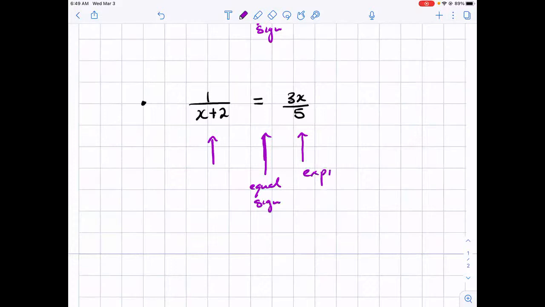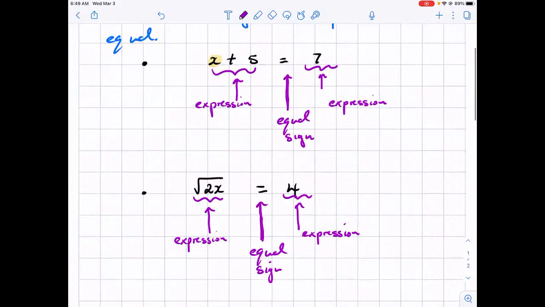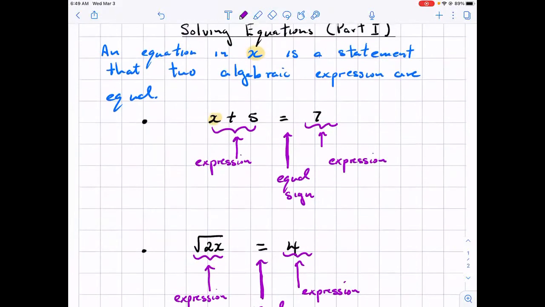So these are just different types of equations, but I just wanted to point out what an equation is. An equation must contain an equal sign, and generally there's an expression on the right and an expression on the left.